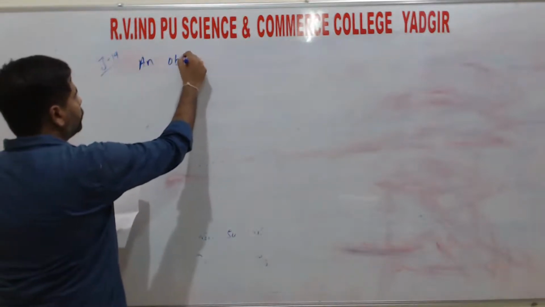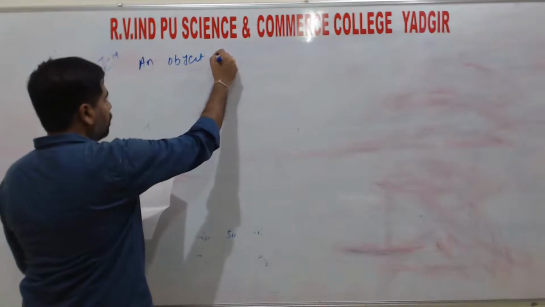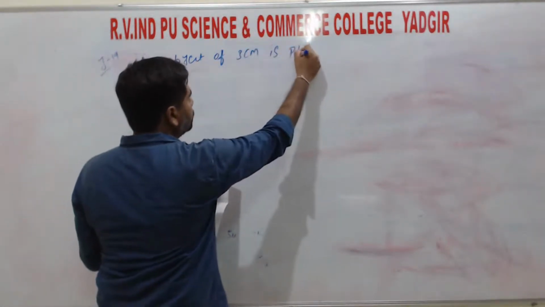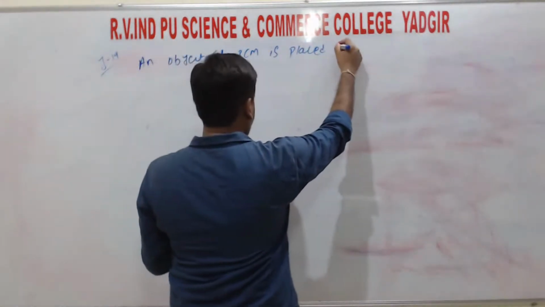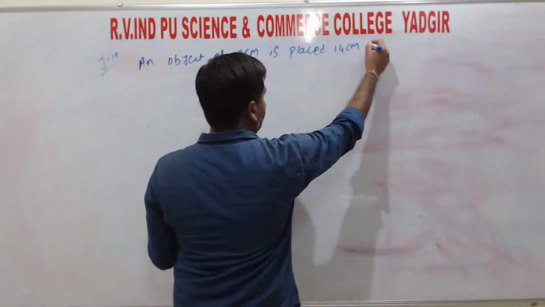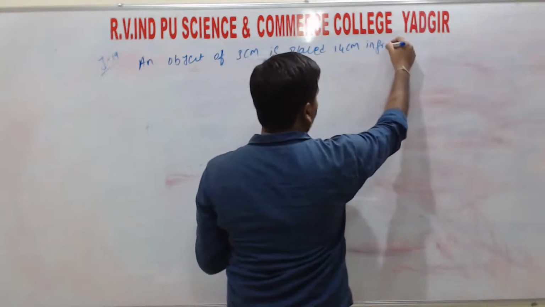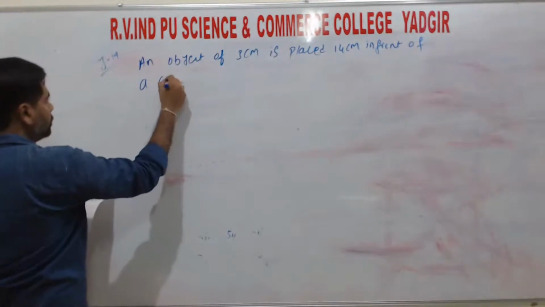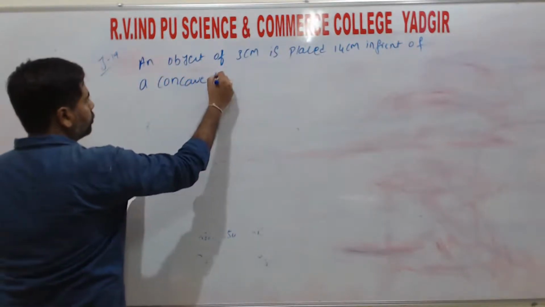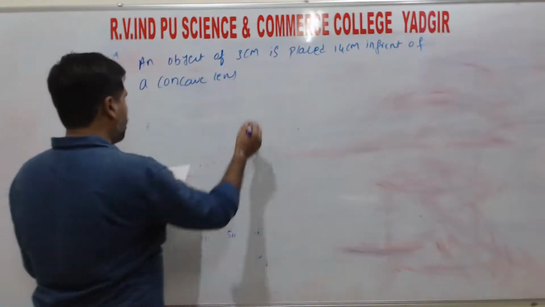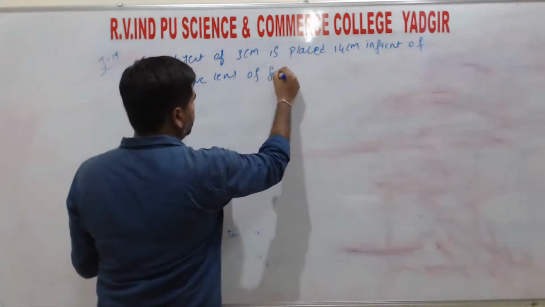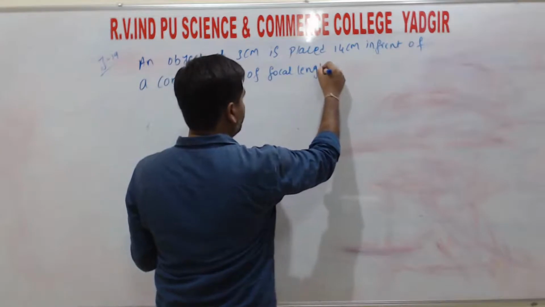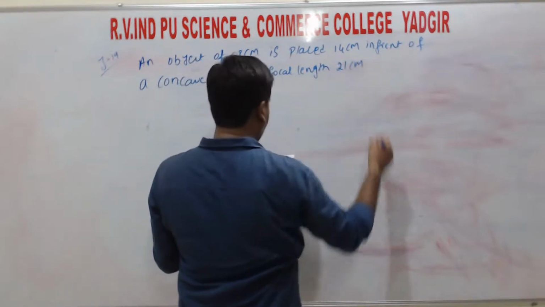An object of 3 centimeter is placed 14 centimeter in front of a concave lens of focal length 21 centimeter.